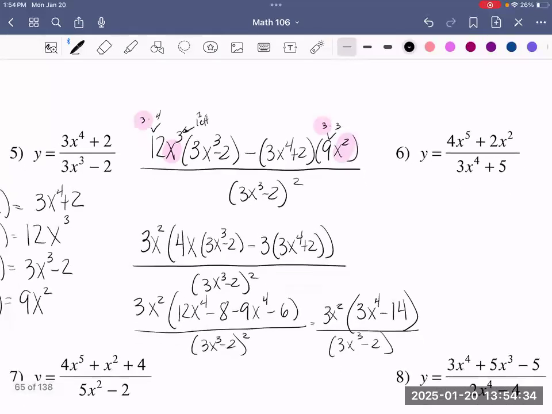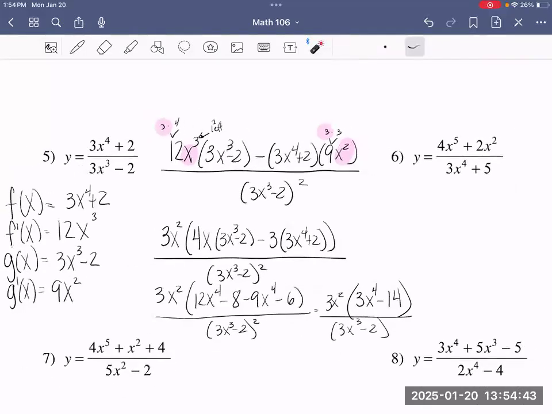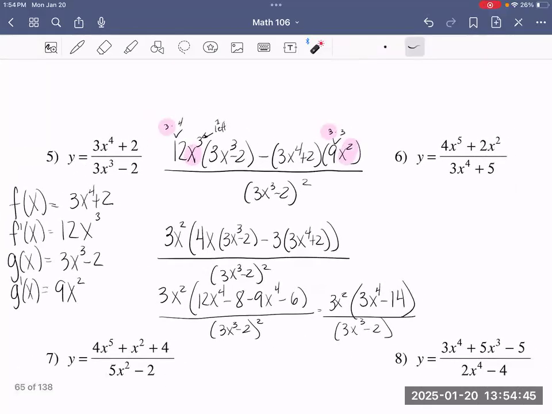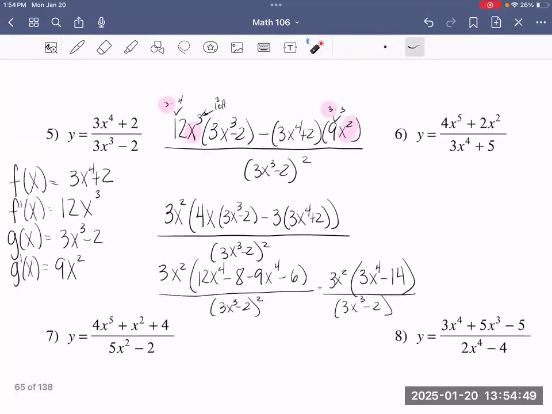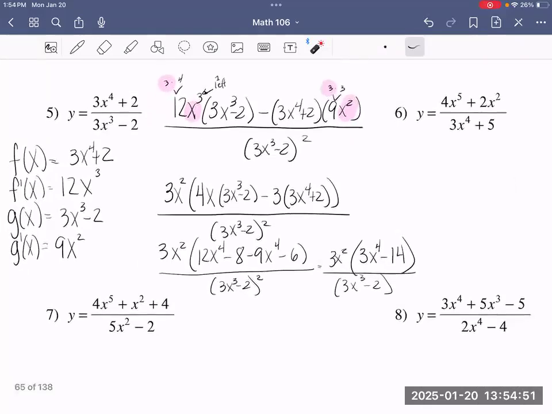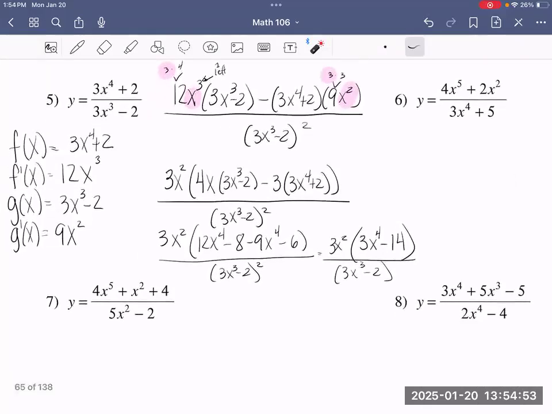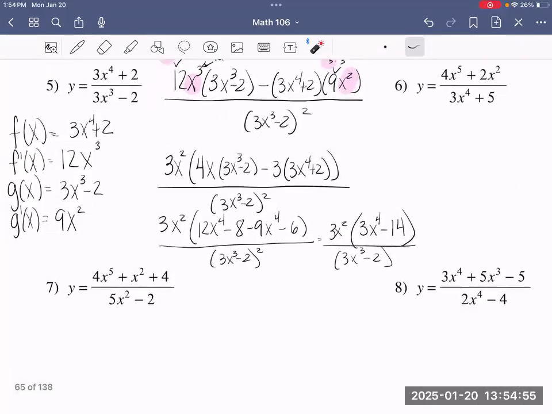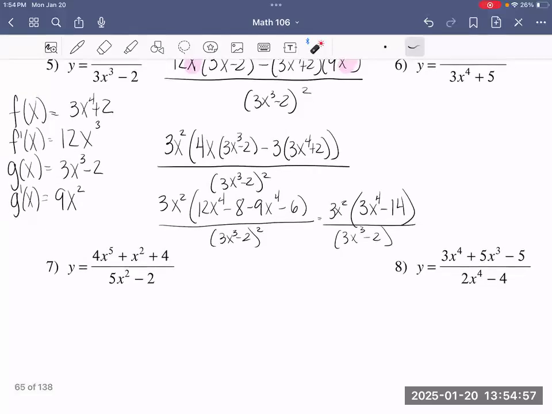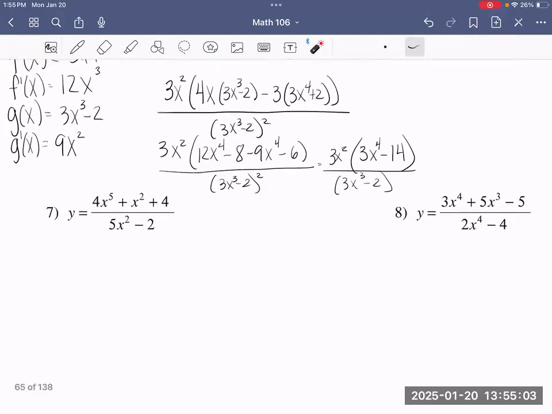And that is as simple as we can get it. Unfortunately, we cannot go any further. And I'm just going to retrace, make sure that I put everything in the correct spot. Yep, everything looks good so far. Sometimes I have a habit of dropping some minus signs, but no, that looks okay.